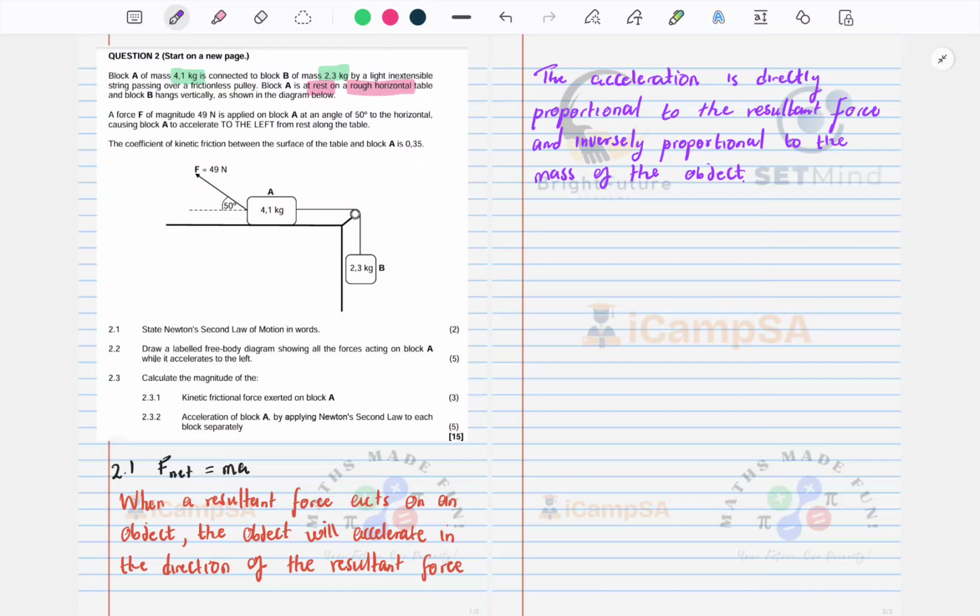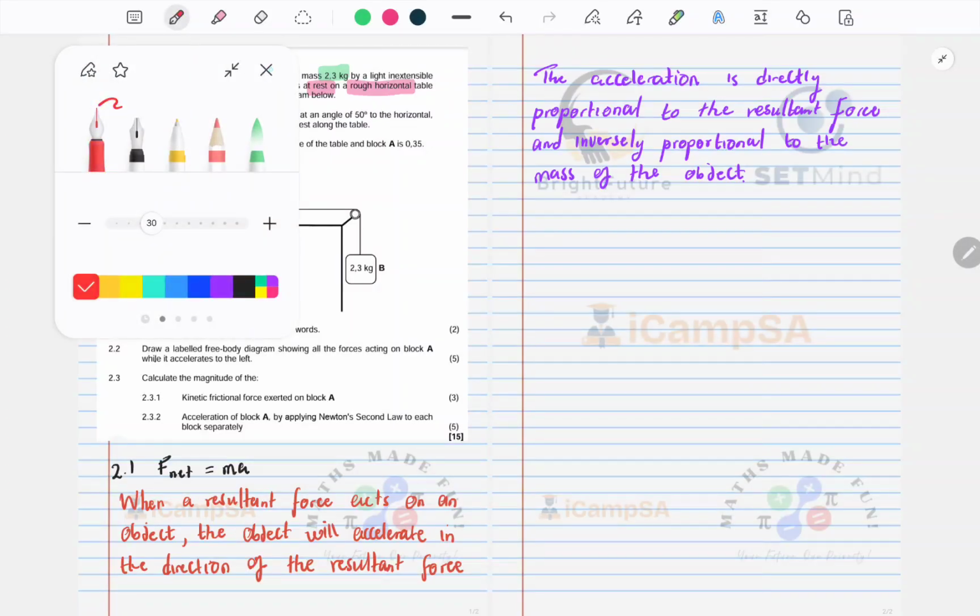If you increase the mass, you're decreasing the acceleration, because the mass is a constant. So if we increase the resultant force that we are applying to an object, the acceleration is going to increase.